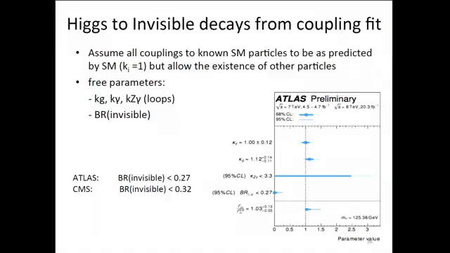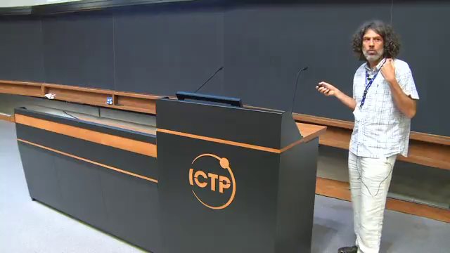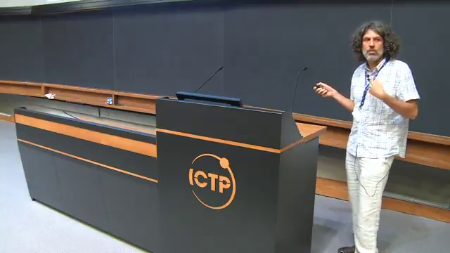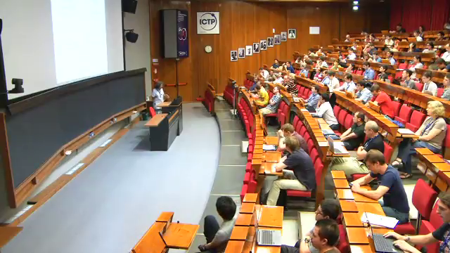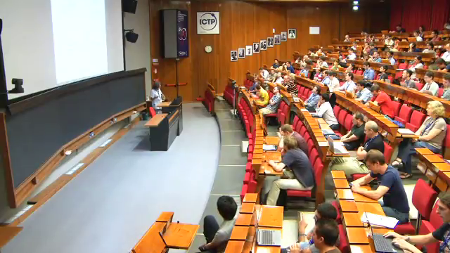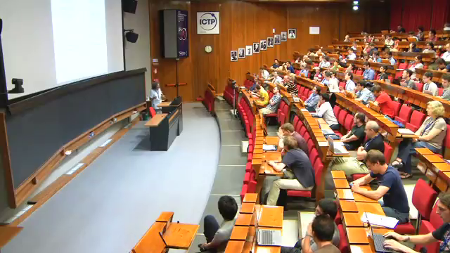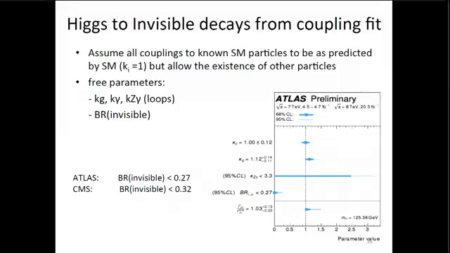Now, of course, one can use these measurements also to check if there are decays of the Higgs into invisible particles. One can try to sum up all the observed decays and see if there is anything left. Technically, what is done is one takes the fit that I said before and keeps free the couplings related to the loops, because in this case we allow for non-standard model particles in the loops.